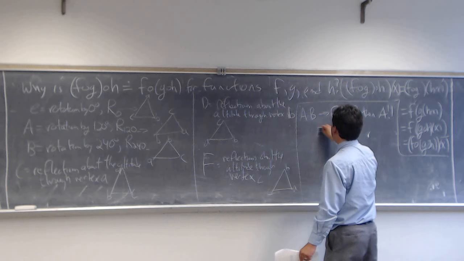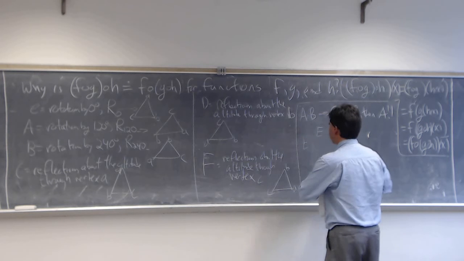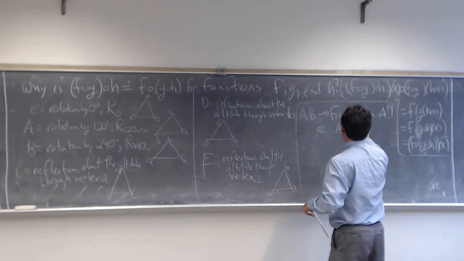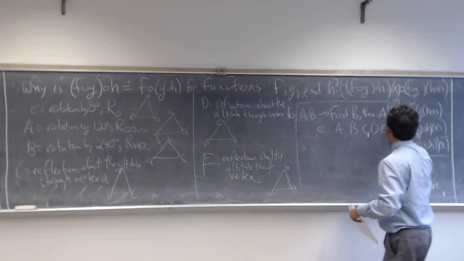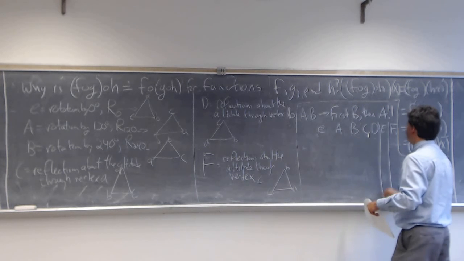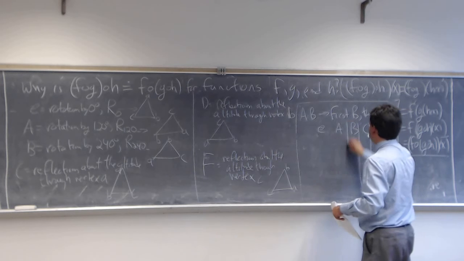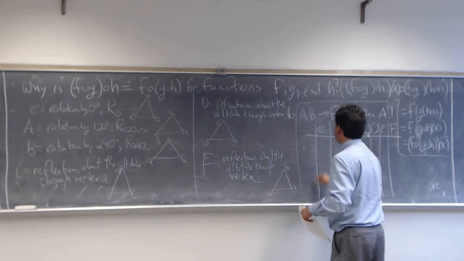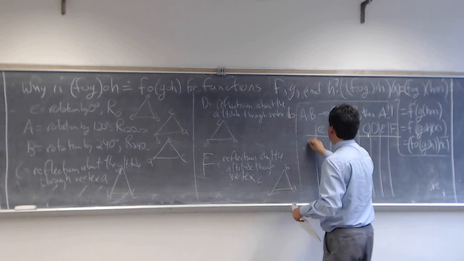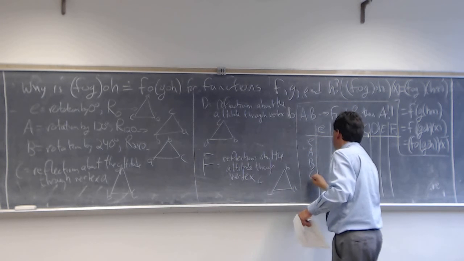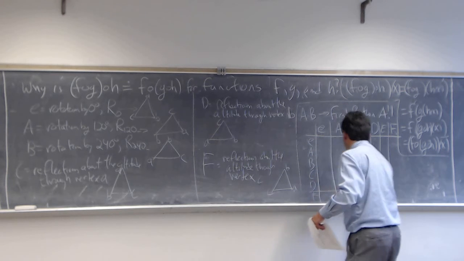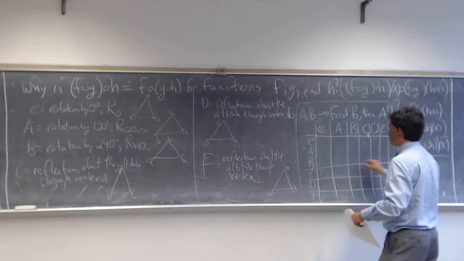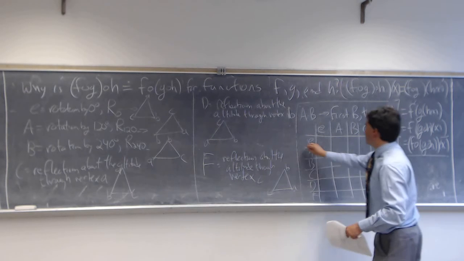Okay, so let's do a Cayley table then. So we have the identity, I guess I use little e at least for the identity. E, A, B, C, D, F. And then E, A, B, C, D, F. And this is in the notes, and I'm not sure I'm going to complete all of this table.